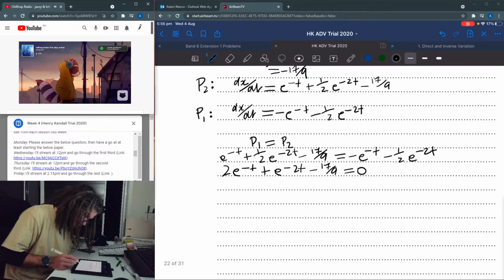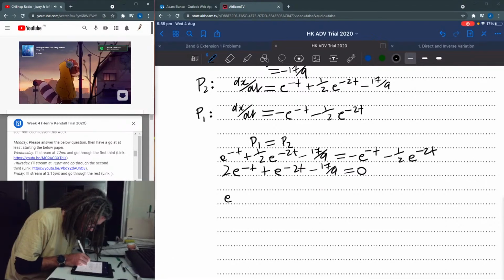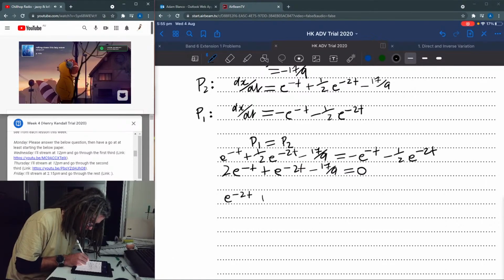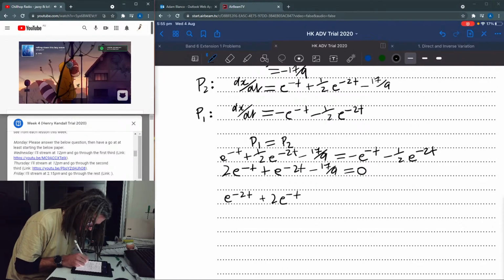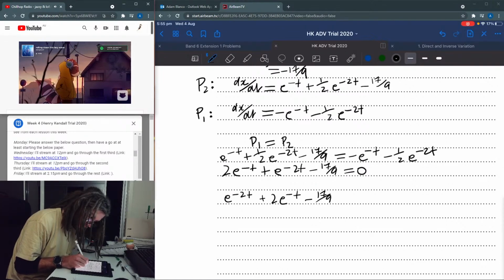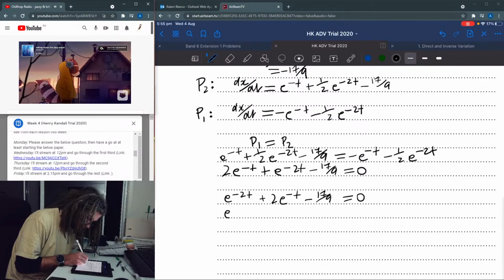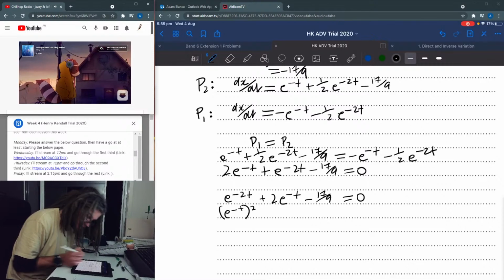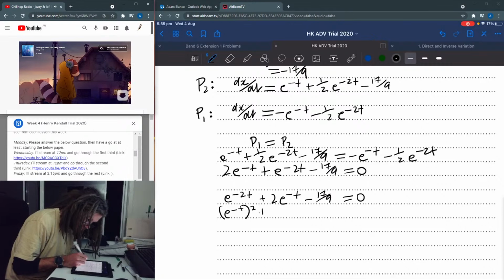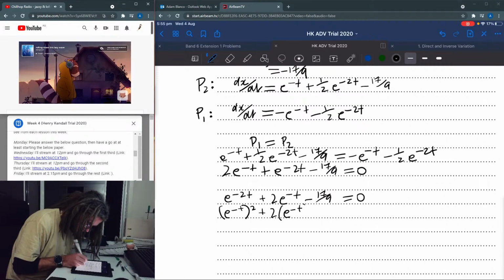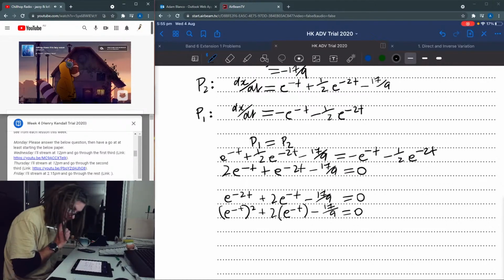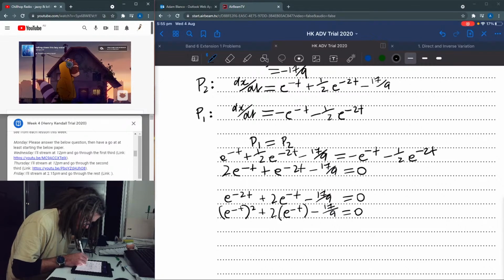I'm thinking quadratic. So let me rearrange this as e to the minus 2t, and I'm going to rewrite it as e to the minus t squared. So I took the 2 out, plus 2 e to the minus t, minus 17 on 9 equals 0. Okay, let's make this make more sense.